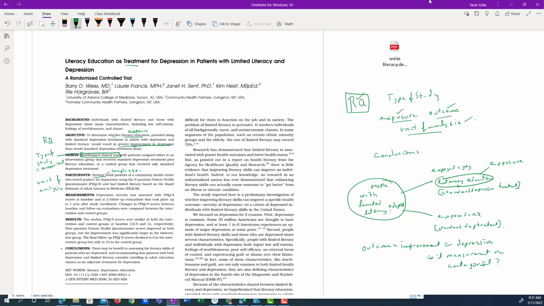Participants were assigned either to an intervention group that received standard treatment and so on. We already got that in here, so some of the stuff gets repeated. So we have the unit of analysis, the outcome, the exposure, and now the type of study. We've got the main part.